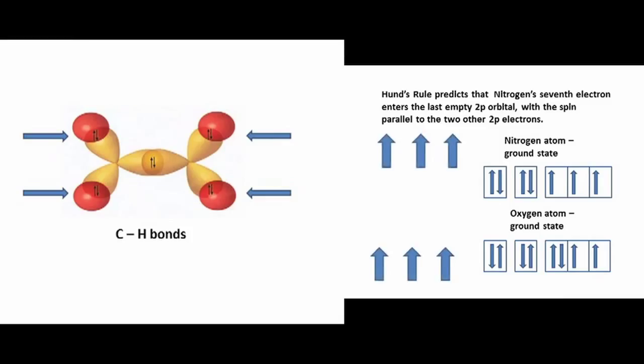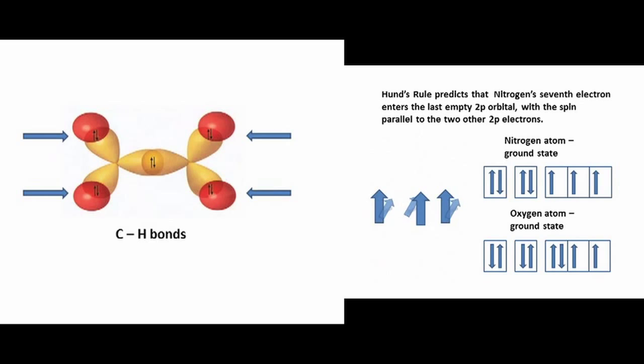When these two atoms come together, some of these valence electrons will have to flip their spin orientation in order to occupy an orbital now as a pair of electrons. Those three valence electrons in the 2p orbitals of nitrogen and the two valence electrons in the 2p orbitals of oxygen will have to decide which ones are to flip their spin in order that they may cohabit the same orbital in the molecule of DNA.